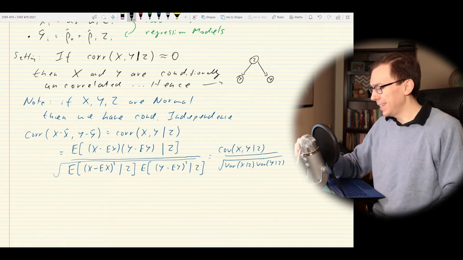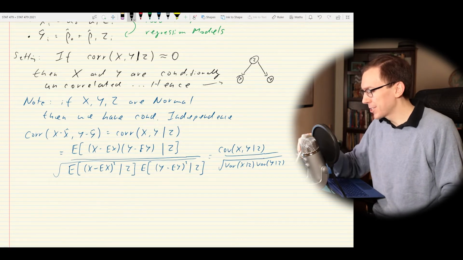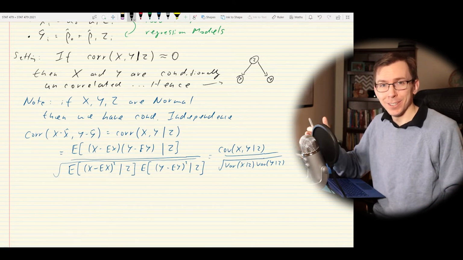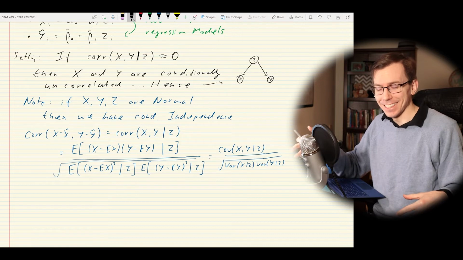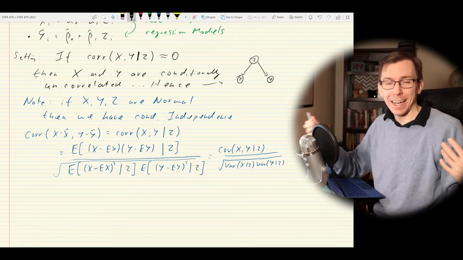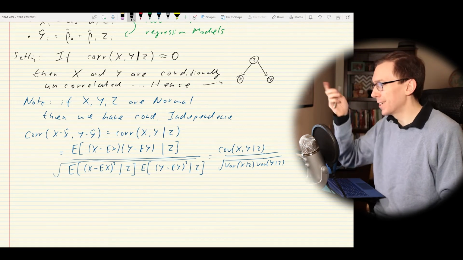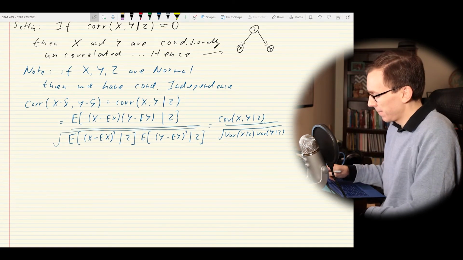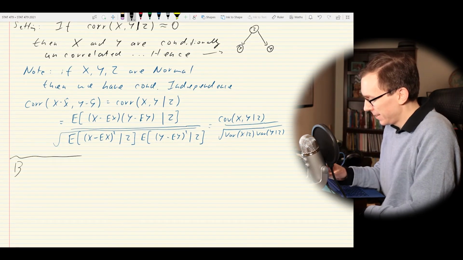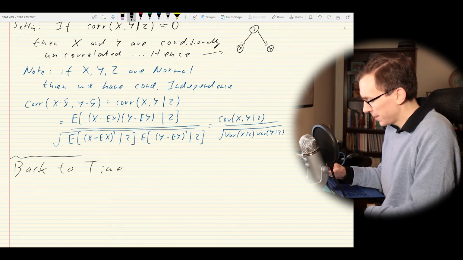All right, so hopefully that is a good introduction to the idea of partial correlation, because now we're going to go back to time series world. That's the class we're in, and we're going to talk about partial autocorrelation. So now we'll say back to time series.